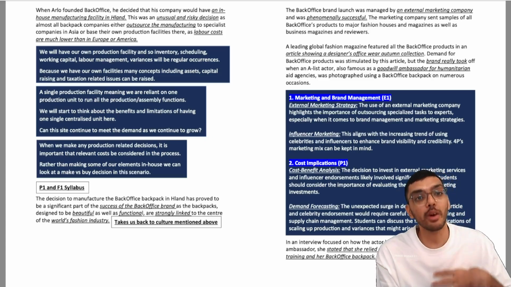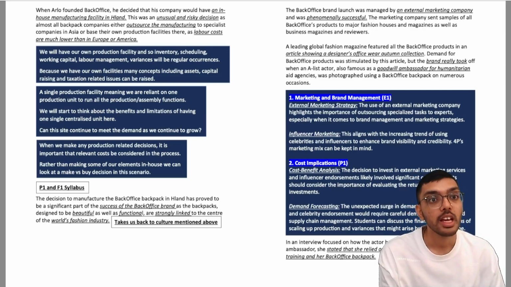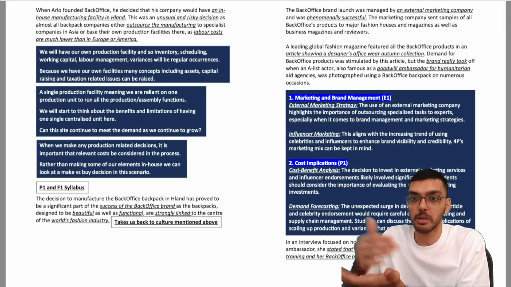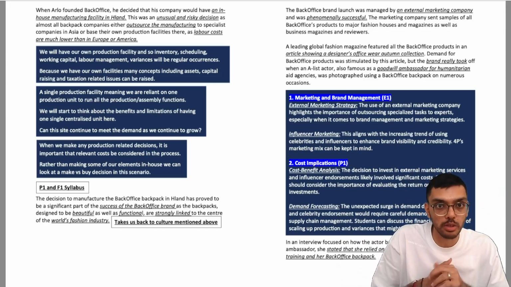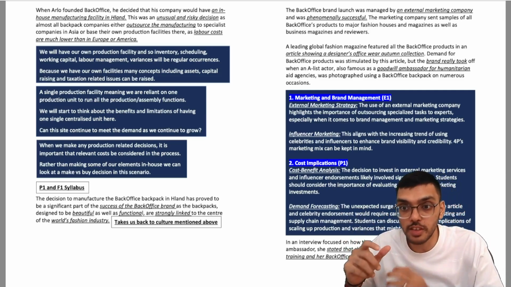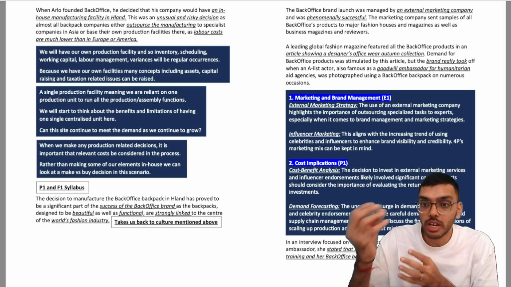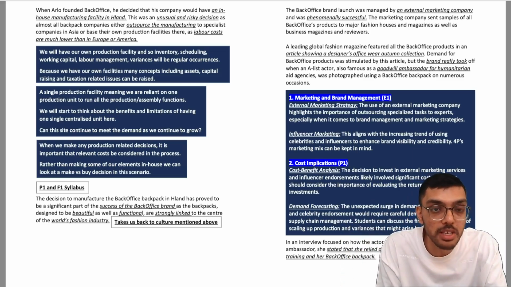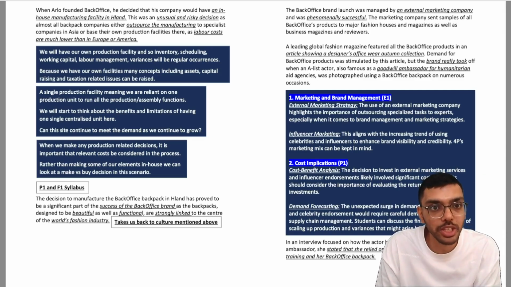Now, because we have our own facilities, many concepts including assets, capital raising, taxation related issues can be raised. Because you have your own facilities, there can be selling of assets, buying of assets. So your IAS 16 comes into the picture. Your capital raising, so your debt equity comes into the picture. Your taxation, so your capital gains tax comes into the picture. This is in your F1 syllabus. I'm straight away giving you concepts around which exam questions can come up.